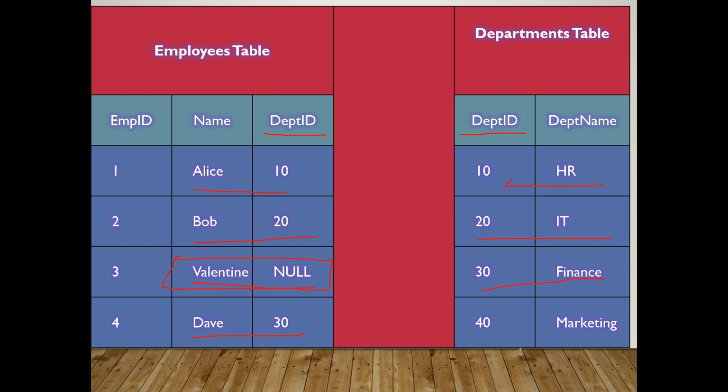Let's say we have a department called Marketing with no employees. With right join, it will still appear in the result with null for employee name. Use right join when your focus is on the right table, like listing all departments, even empty ones.